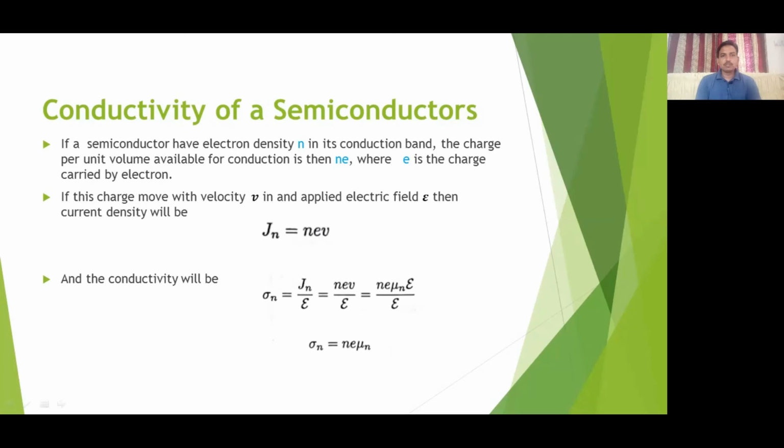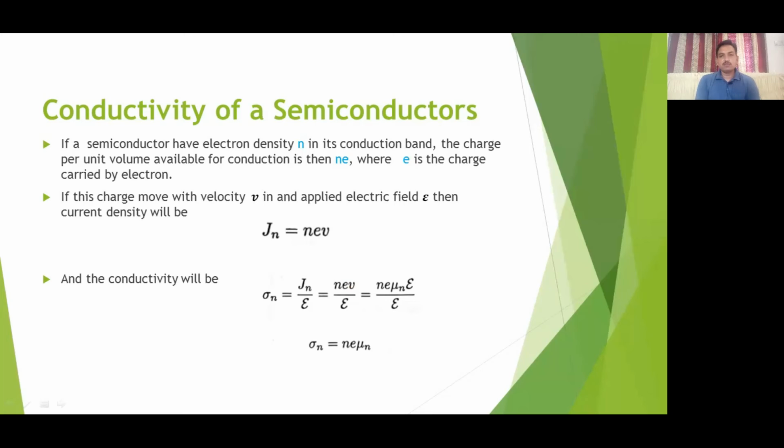If this charge moves with velocity v, then you can easily find the current density: J is equal to the total charge multiplied by the velocity with which the charge is moving. Conductivity can be defined as current density per unit electric field, that is, at what rate the charge flows when you apply an electric field across the conductor. So J = n e v, where the subscript n is for the density of electrons.